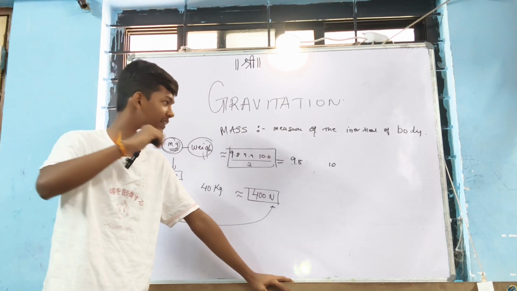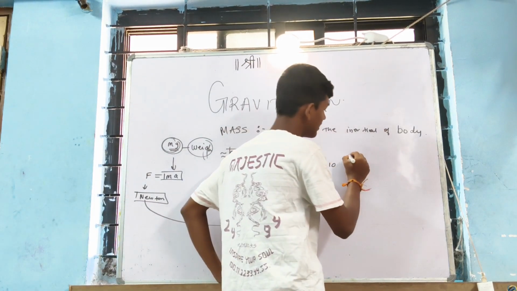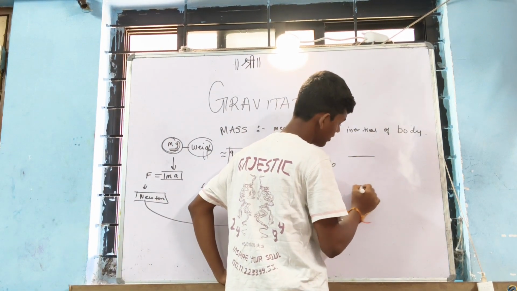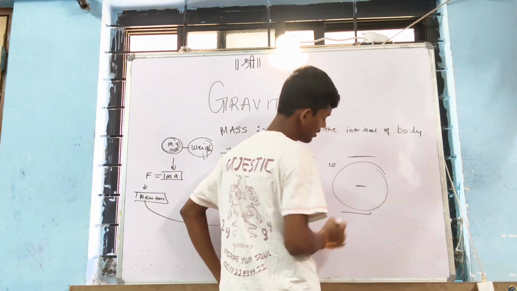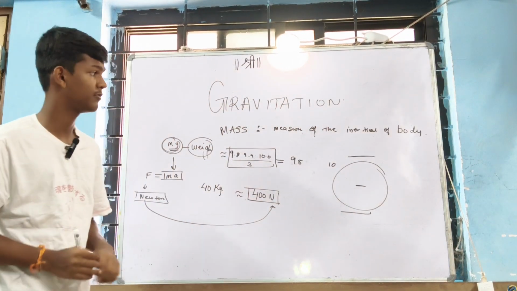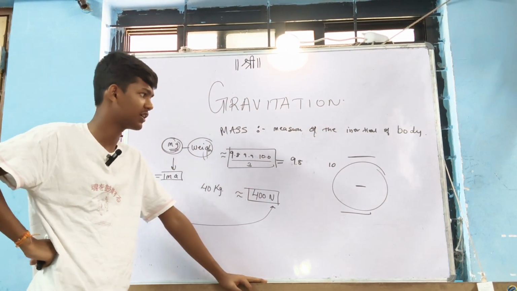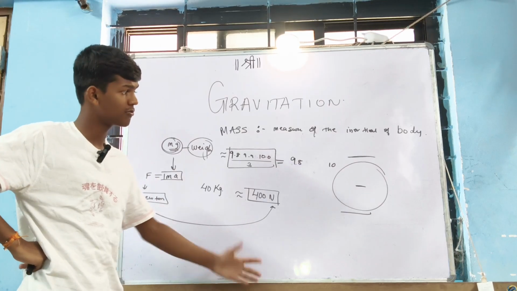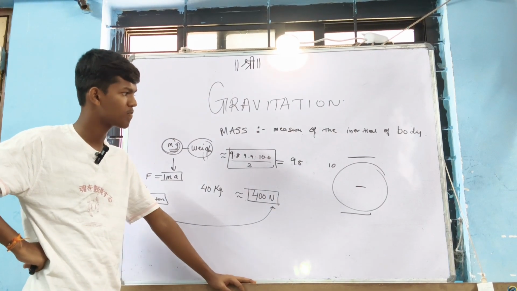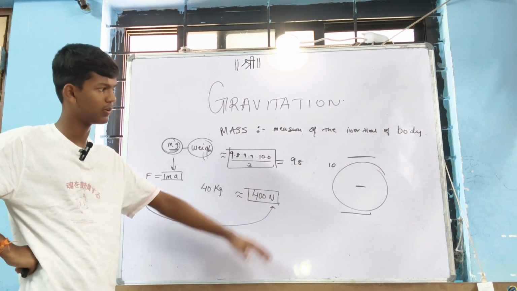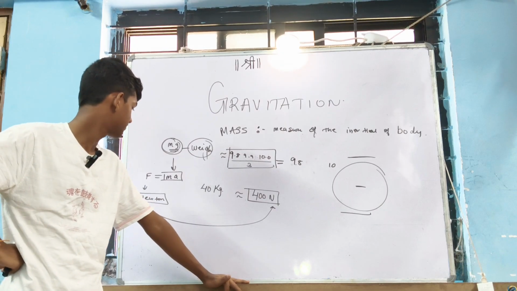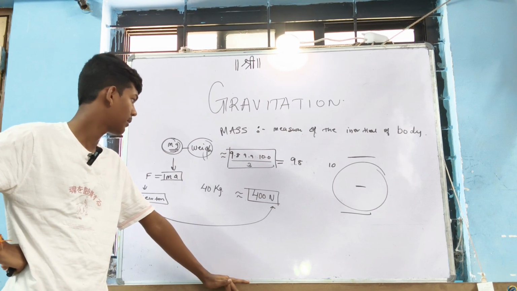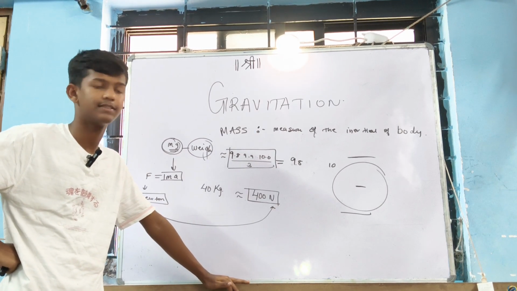On the earth also it varies: at the equator and in the middle of the earth the numbers vary. We are not only thinking about out of the world, but also in our own earth, the value of g varies.